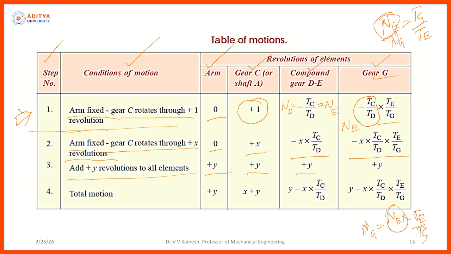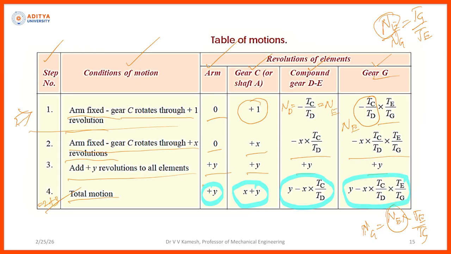So, there is an arm, you rotate all the components. Now, the total motion, the fourth one, is always 2 plus 3. Then I got the relations for A, B, C, D. Okay. So, the first one is for arm, for gear C, for compound gear. Next, this is for gear G.